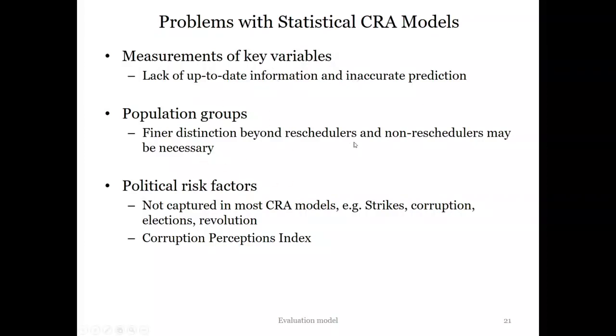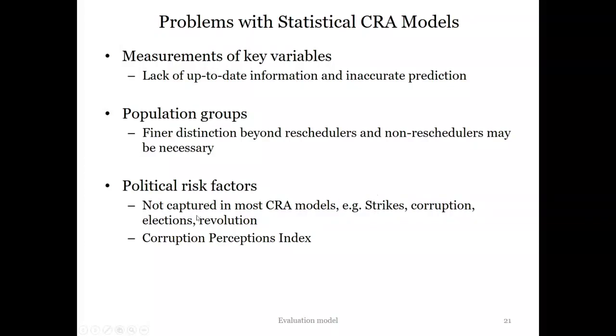Another thing is about population groups. Some countries may have defaulted before, and some have not. The thing is, how do we distinguish between reschedulers and non-reschedulers, right? Some countries, even though they've never defaulted before, if they have very bad current circumstances, may still have a high chance of default, right?